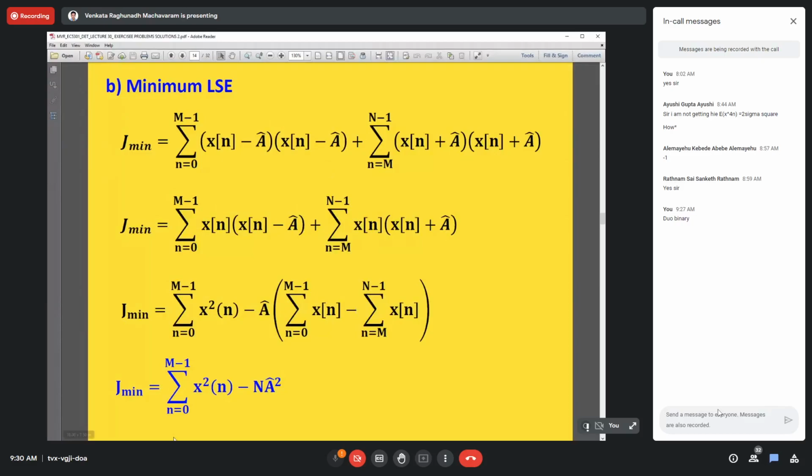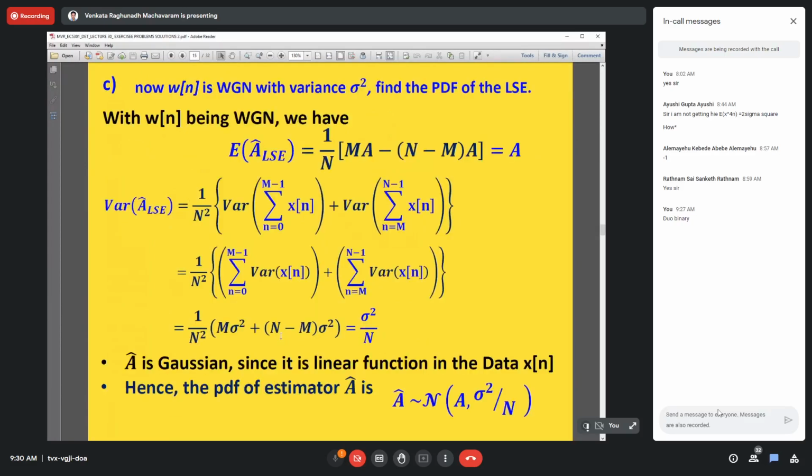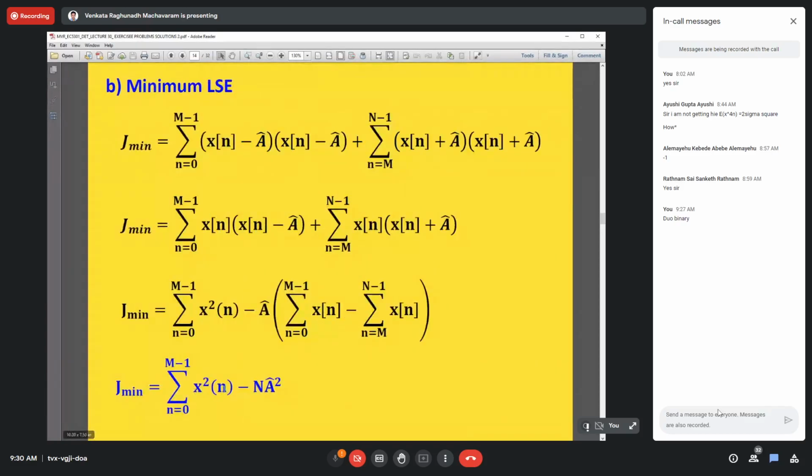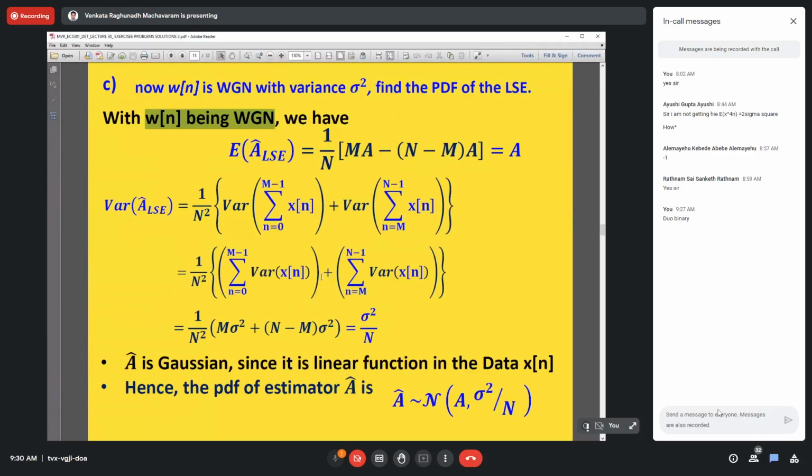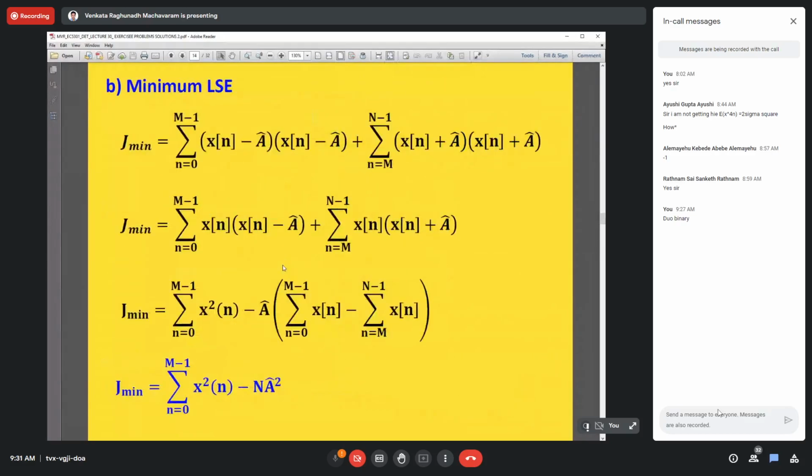So x squared n minus n A hat squared. Now Wn has variance, so find the PDF. Because Wn is white Gaussian noise with 0 mean, the expectation of this one will be 1 by n, where xn is A plus Wn. So it is 1 by n times mA minus nA minus mA.